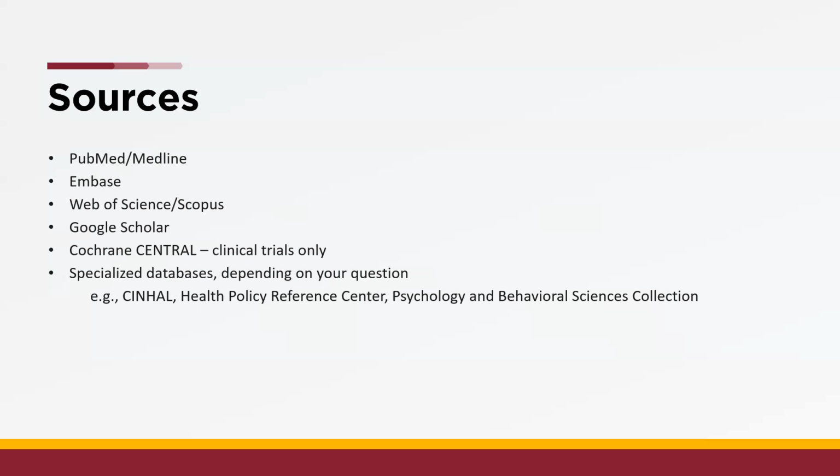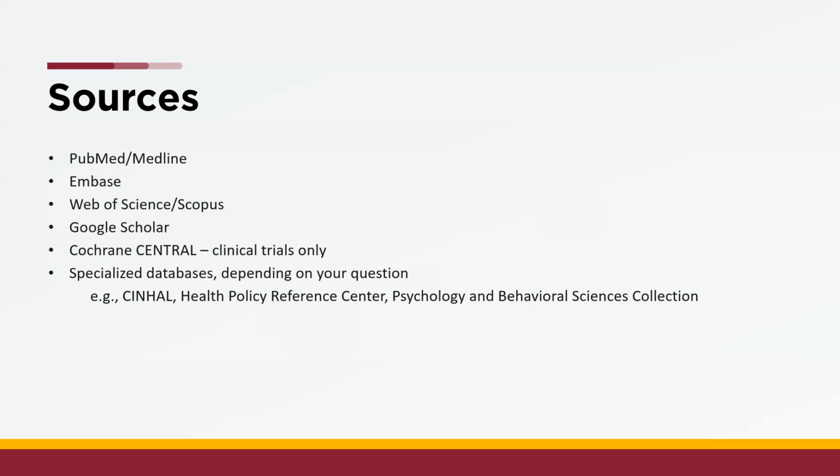And so it's very good, especially at getting some stuff from Europe and outside of North America that doesn't get into PubMed. It's also very good at pharmaceuticals and devices as well. So if you're doing anything that's related to pharmaceuticals like drugs or medical devices, you really need Embase for sure.